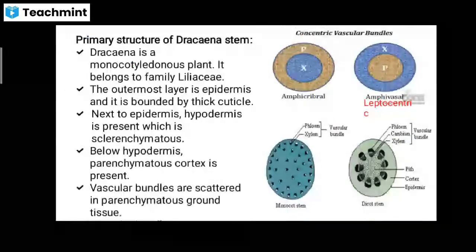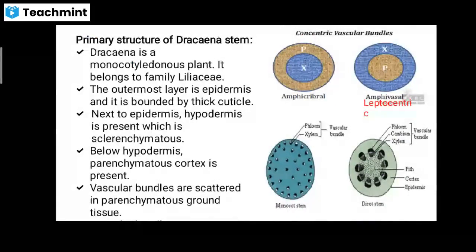The outermost layer is the epidermis, bounded by thick cuticle. Next to the epidermis there is the hypodermis layer, which is made up of sclerenchymatous cells. Then below the hypodermis there is the parenchymatous cortex region.